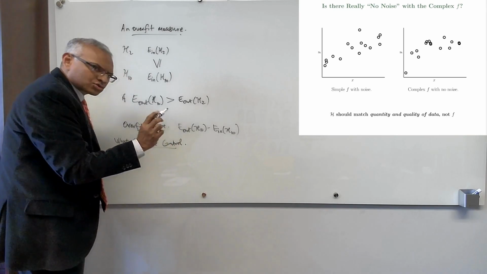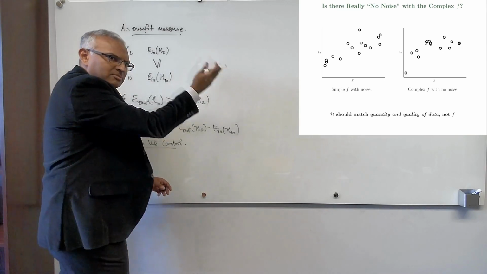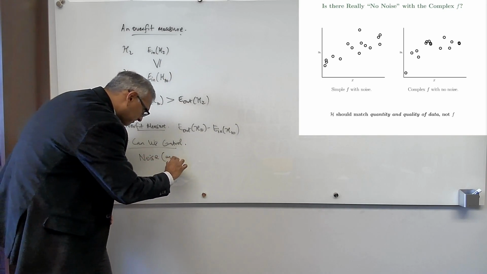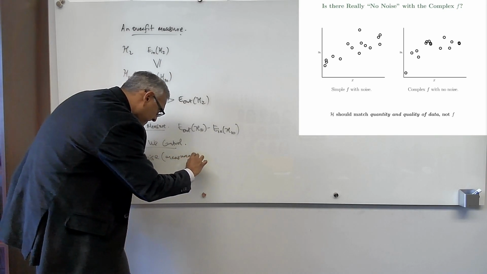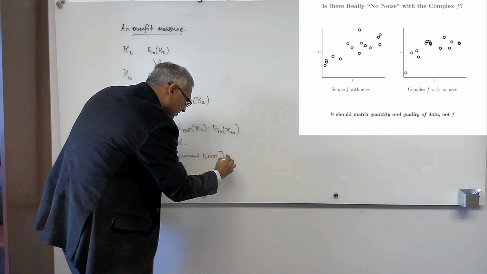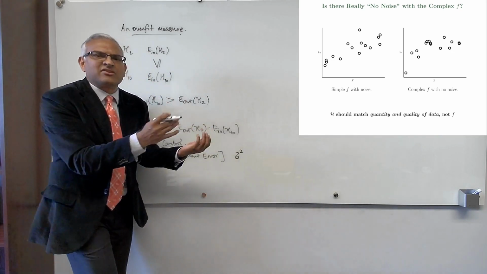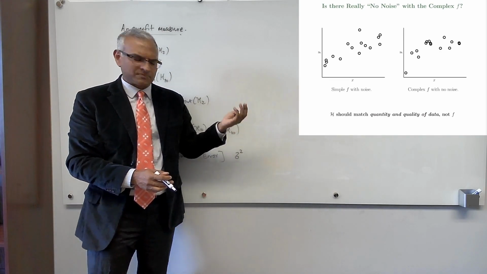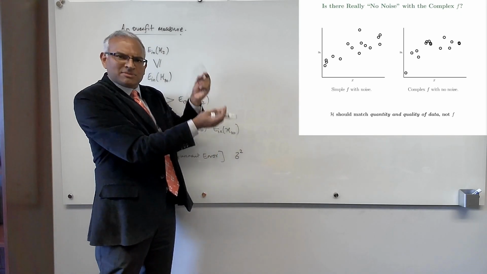We can control the amount of measurement error, the noise. Let's call that sigma squared, the variance in the measurement errors. The larger the noise, the larger the measurement errors.